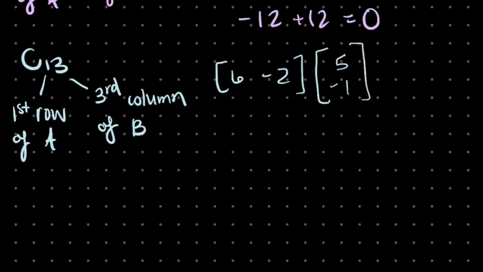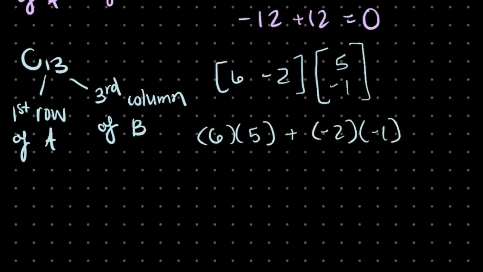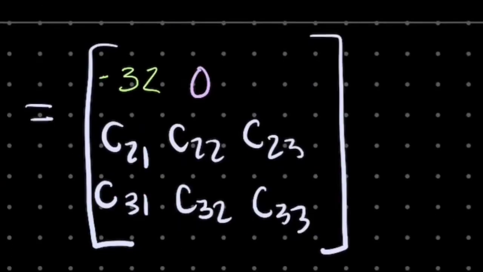So again, I'm going to do the first of the row times the first of the column plus the second of the row times the second of the column. So that'll be 30 minus 2 times negative 1, plus 2. Negative times a negative is positive. So that's going to be 32. Okay?